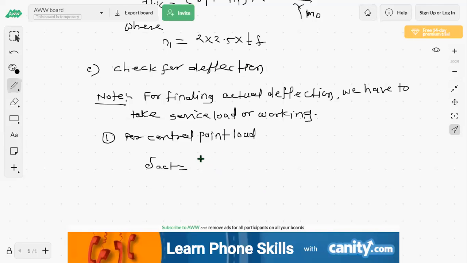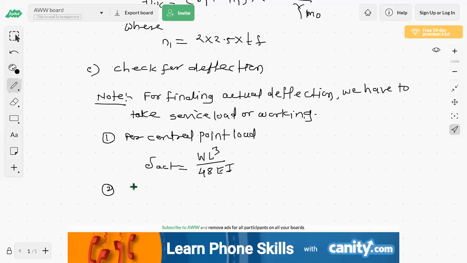WL square by 40. Okay, WL cube, not L square. WL cube by 48 EI is the actual deflection for central point load. Correct? Only the change here is L cube, not L square. Good.